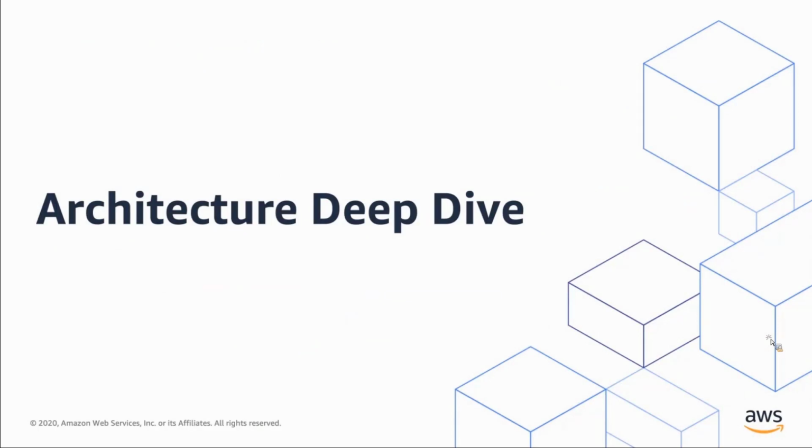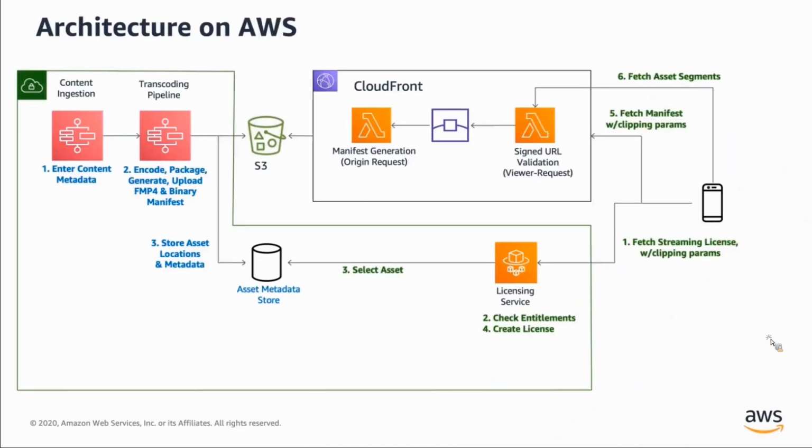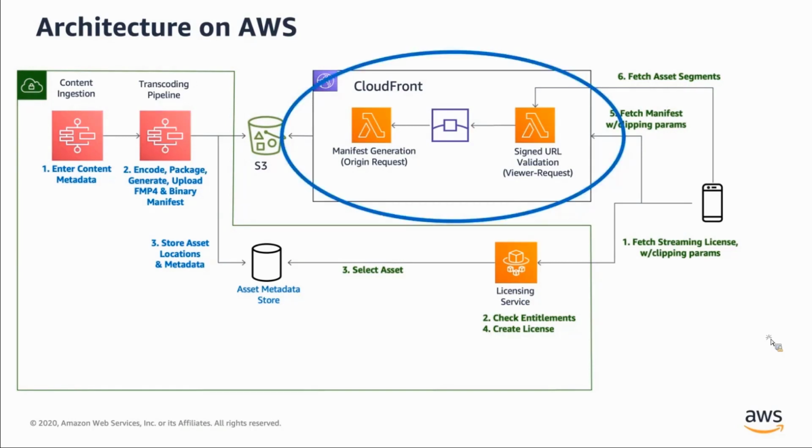So let's dive into our new architecture on AWS. Let's go through all of the various areas that we had to change in order to make this work. The first area is the CDN itself. The main thing we had to figure out was how we were going to generate manifests. Manifest generation is not only time intensive, but also requires a good amount of compute power.